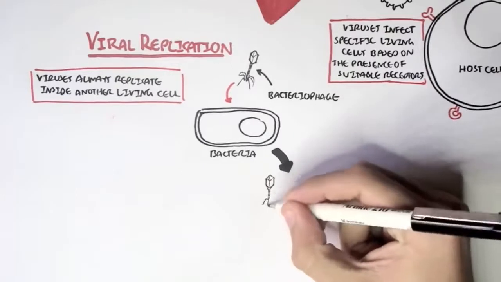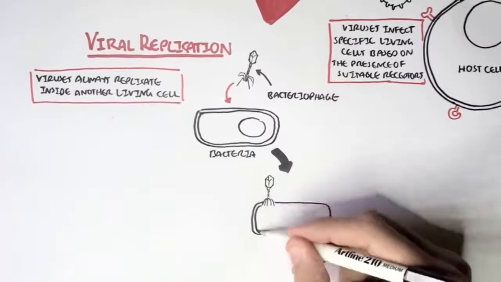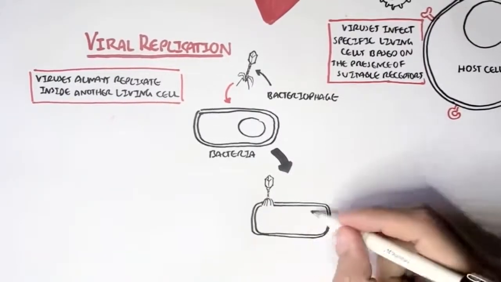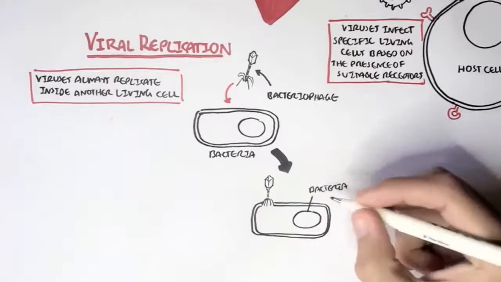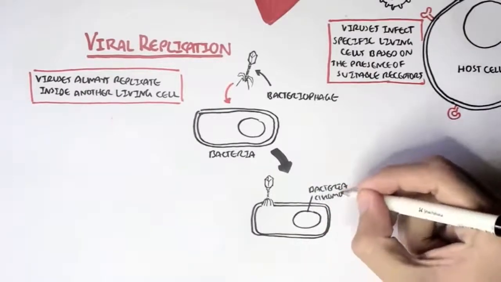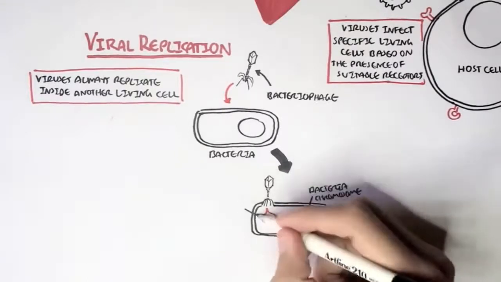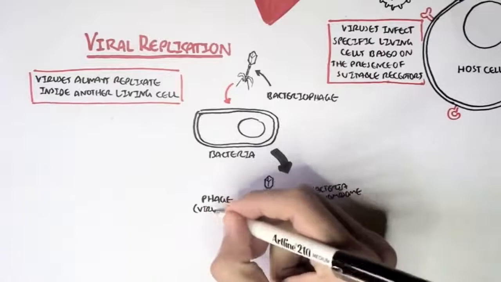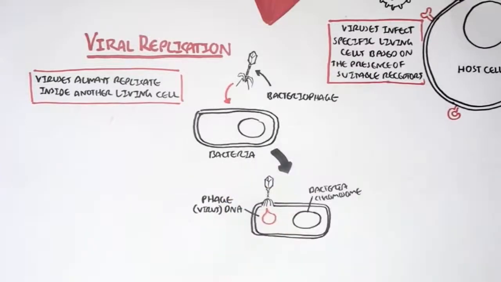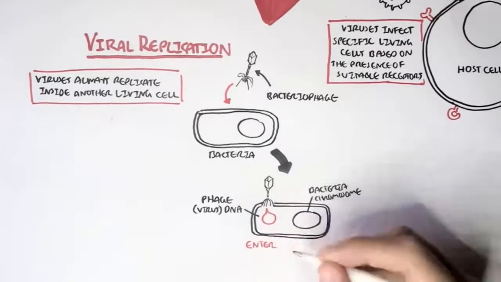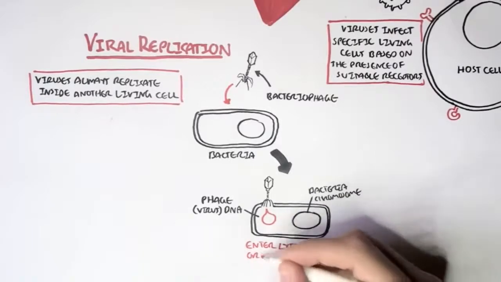The bacteria contains its own unique DNA here. Let's call it the bacterial chromosome. When the bacteriophage, the virus, attaches onto the bacteria, it will release its genetic material. In this case, it's releasing the phage DNA from the capsid.